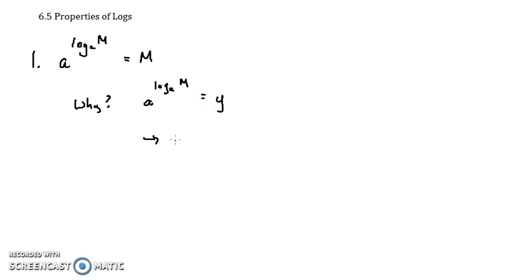When we convert this to a logarithm, the base is a, and the exponent is this thing. So log base a of y is equal to the exponent, log base a of m.